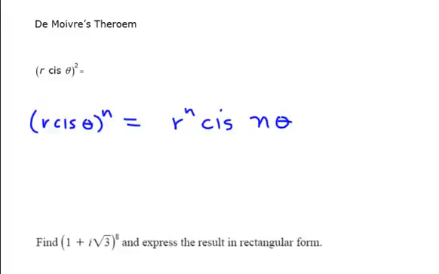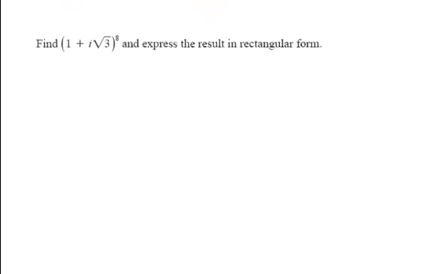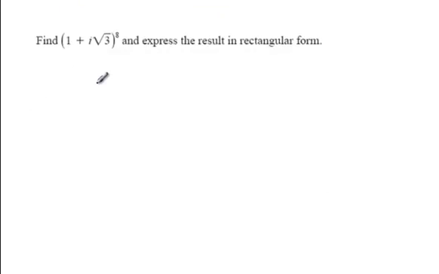So what does this allow us to do? Well, given a problem like let's find 1 plus i root 3 to the 8th power, we don't want to sit here and use the FOIL method over and over again, multiplying this times itself, taking that product times itself again, doing that 8 times. De Moivre's theorem gives us the ability of computing this relatively quickly.